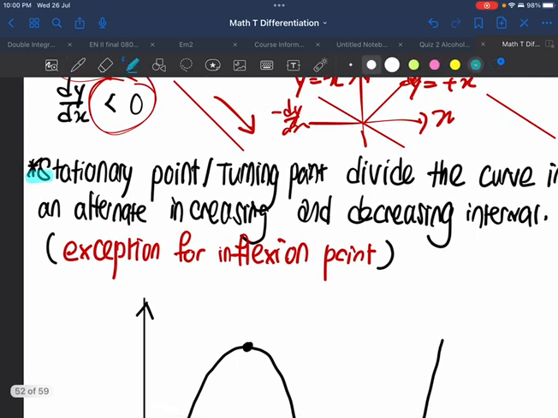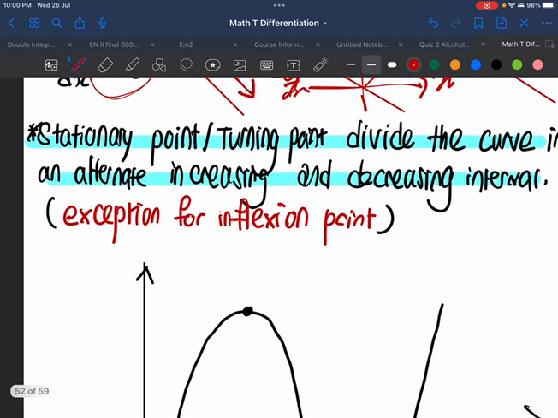One important point is that the stationary points or turning points divide the curve into alternate increasing and decreasing intervals. Why do I say that? Except for the inflection point, which I will explain later.